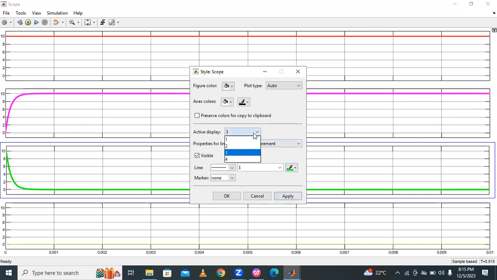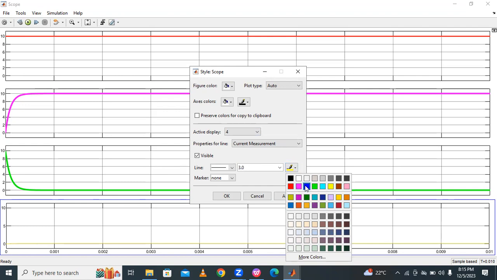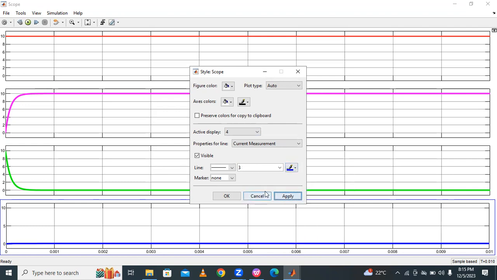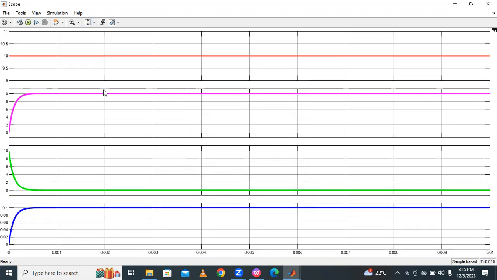And then active display 4, the current, change the thickness, then apply, then okay, and press this vertical. So this is our response in a series RL circuit.